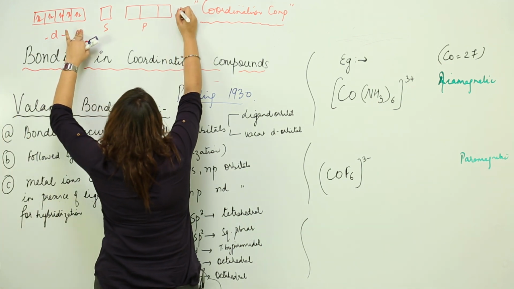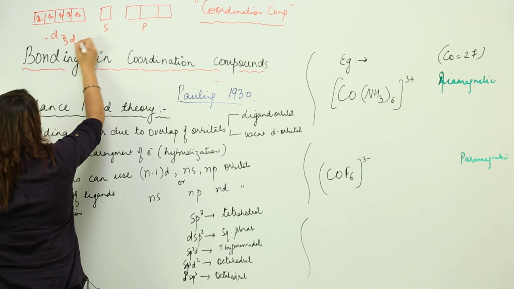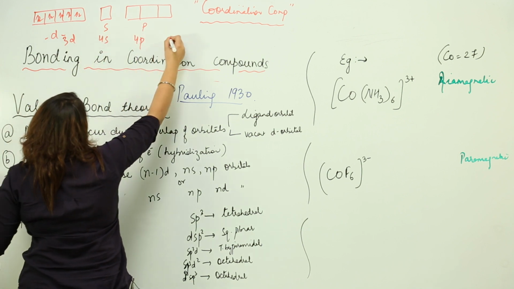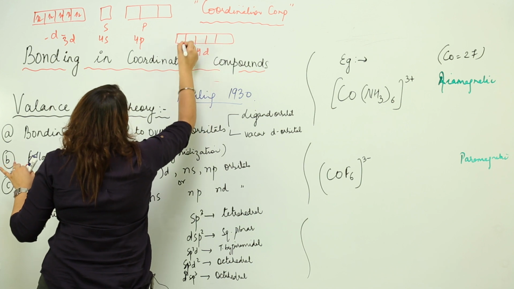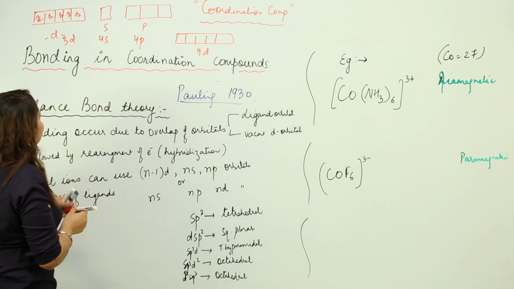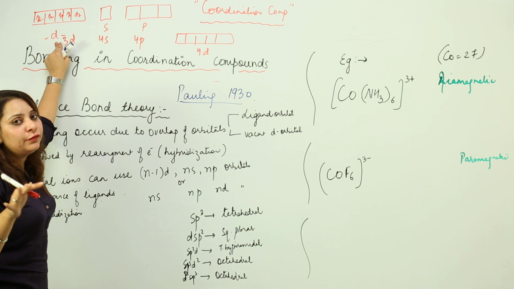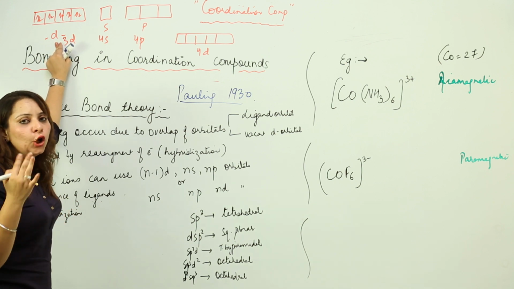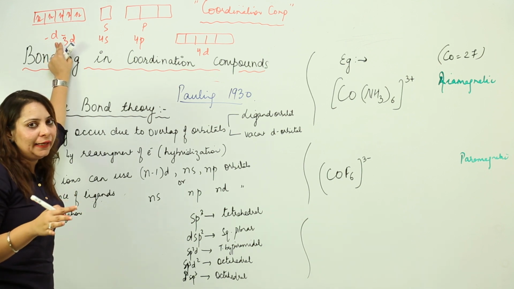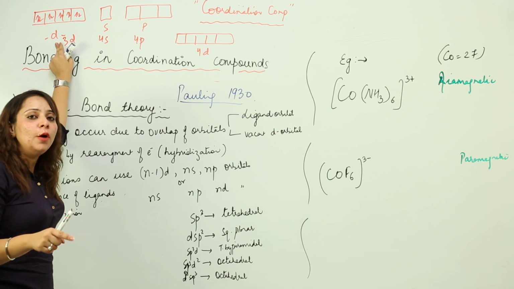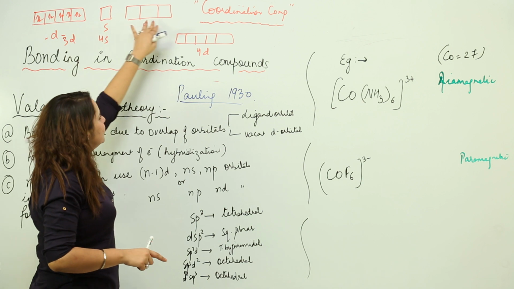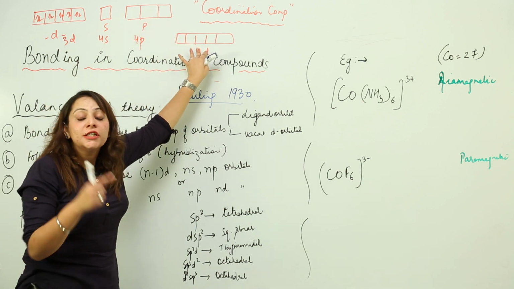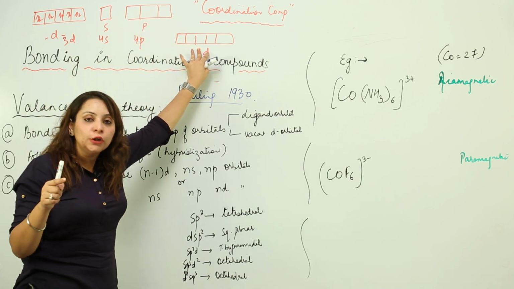For example, I'll take this 3d, this 4s, this 4p, and one more orbital, that is 4d. If the 3d orbital is completely filled, it cannot make these orbitals available to the ligands. So which orbitals will it make available? Obviously the outer ones, that is this s, this p and this d. So this is going to be the outer orbital complex.